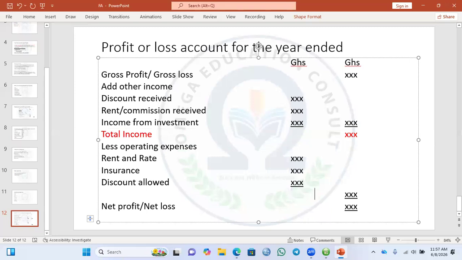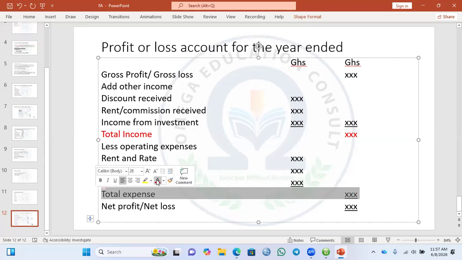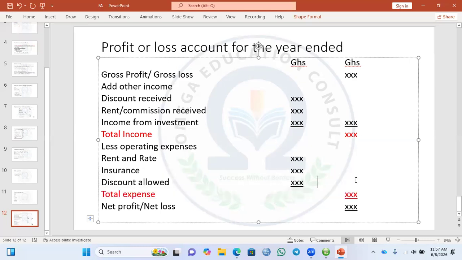It doesn't spoil anything. And then label it total expense. If that is comfortable for you, why not? So you see, it's your total income against your total expense. So technically, you will be subtracting the expenses from the income to get the final result, which may be a profit or a loss, a net profit or a net loss.